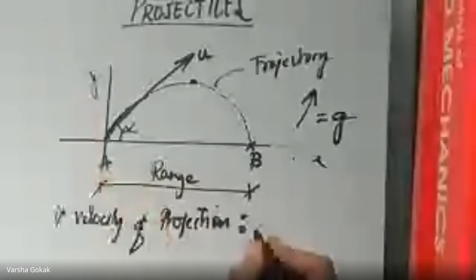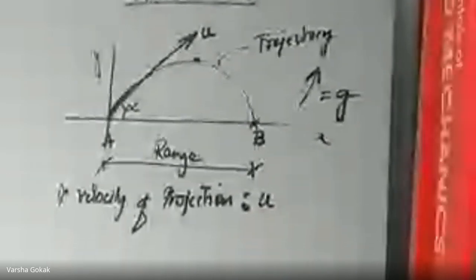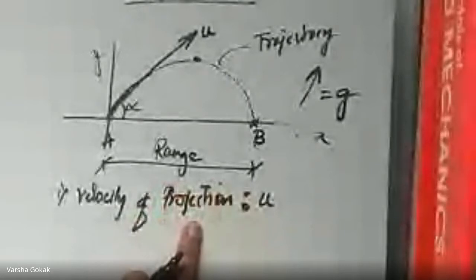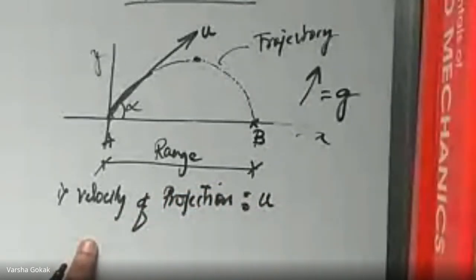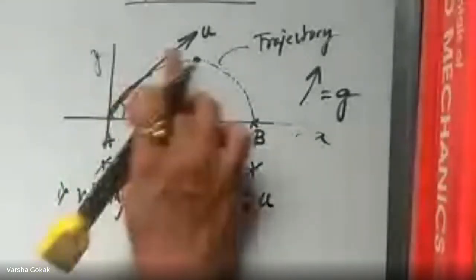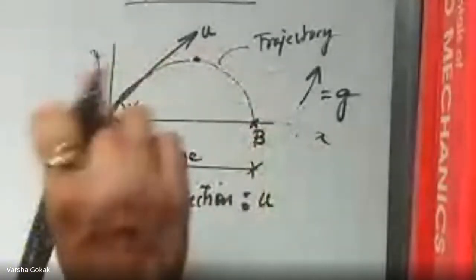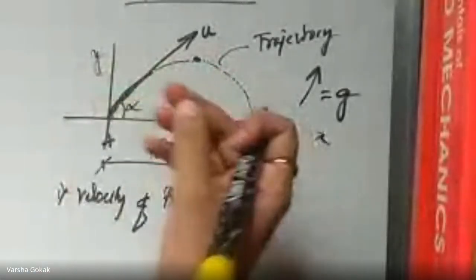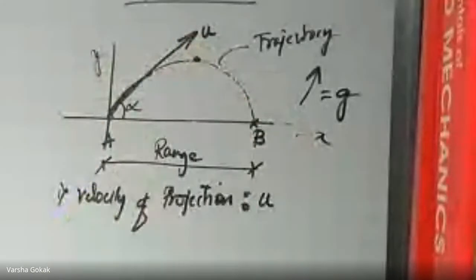U. U, correct. So velocity of projection, it tells in the English statement only, there is a projection. What is projection? The ball is going to be projected, thrown. So with what velocity it is moving? The velocity at which the particle is going to be projected is velocity of projection.